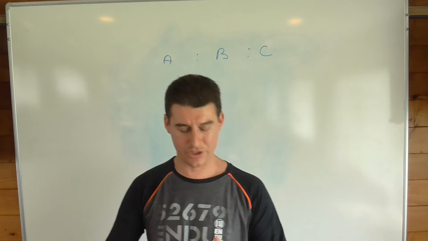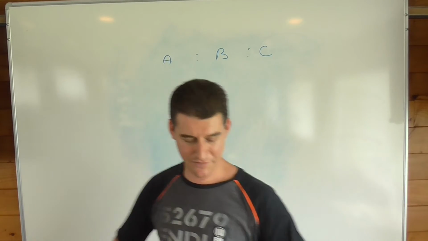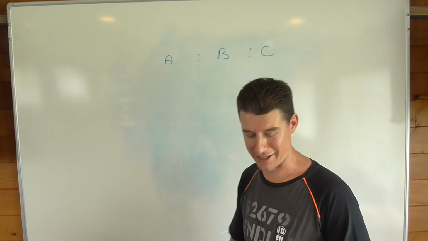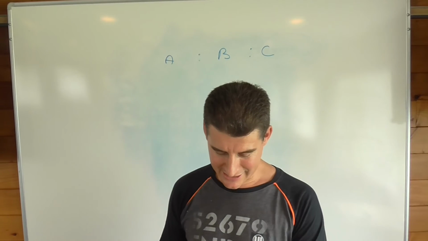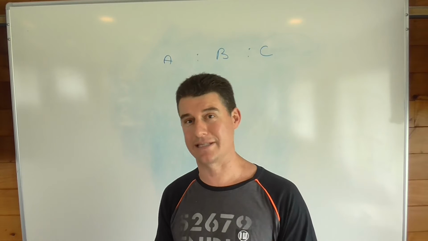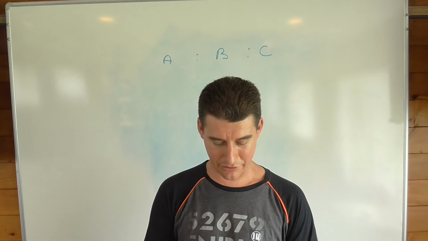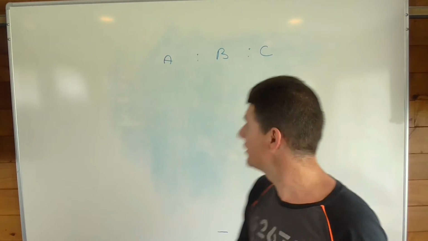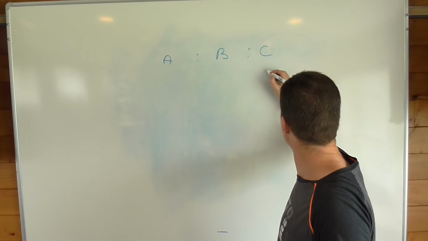So the simple thing to do is first to calculate who gets the least amount. It says that A receives twice as much as B, who receives 3 times as much as C. So I think we can agree that poor C gets the least amount. So let's make C 1.